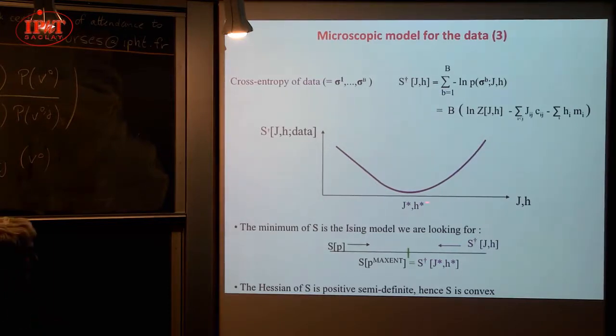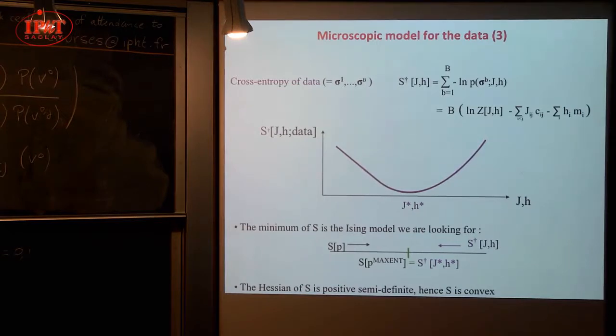So just one remark I would like to make is that it is true that the algorithm is minimizing S as a function of J and H. So among all the possible Ising models here, you want to find the one which is minimizing the cross entropy. But actually, this minimum here can also be seen as a maximum of the entropy over all possible models which satisfy this set of constraints.